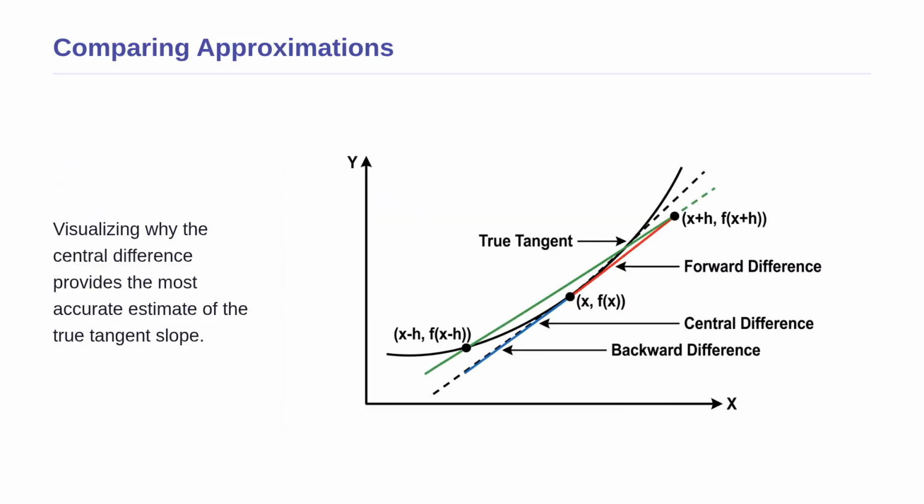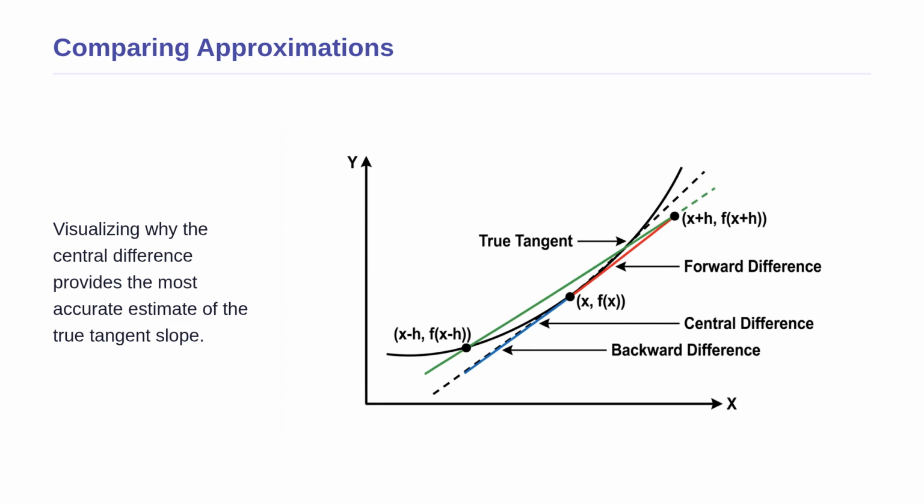To truly grasp why the central difference is superior, let us look at this visual representation. The black curve is our unknown function, and the dashed black line represents the true, exact derivative, the perfect tangent slope at our middle point. Notice the red line representing the forward difference and the blue line representing the backward difference.